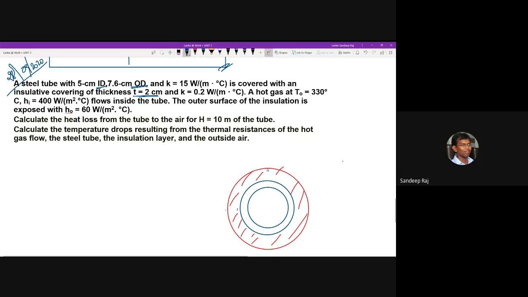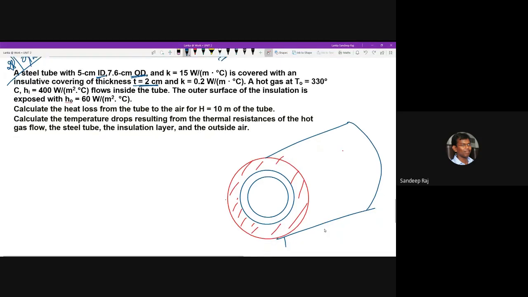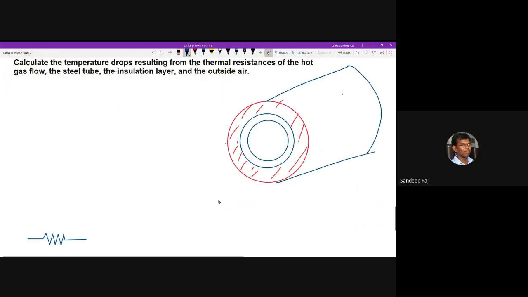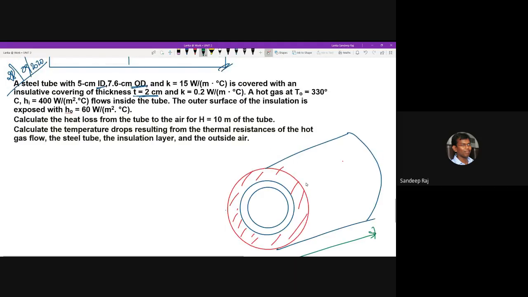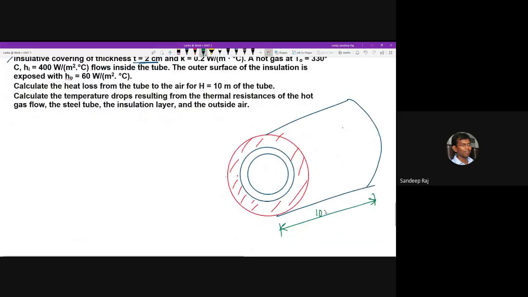Also he has given the length of this. It should be something like this. This is given as 10 meter.